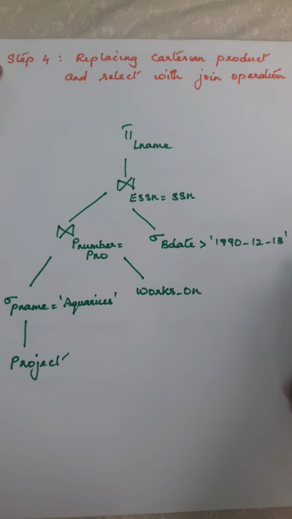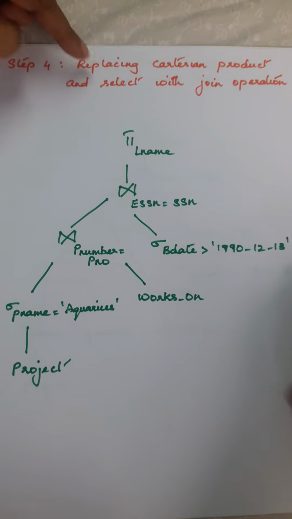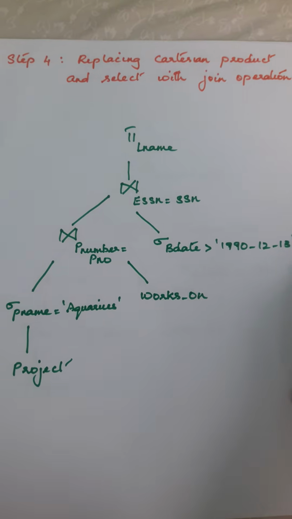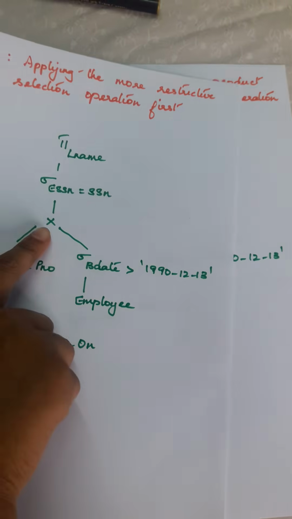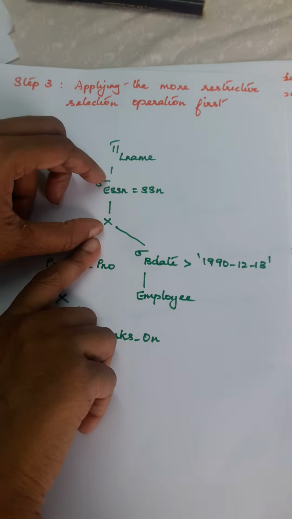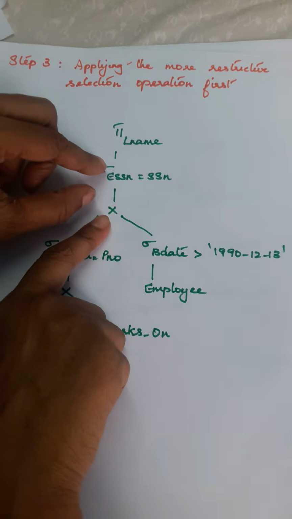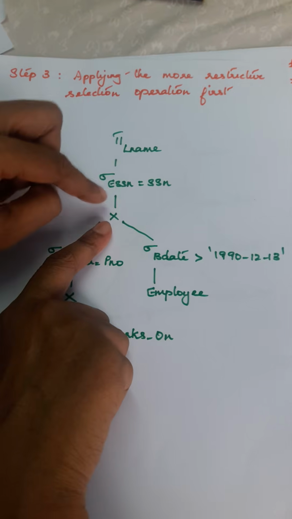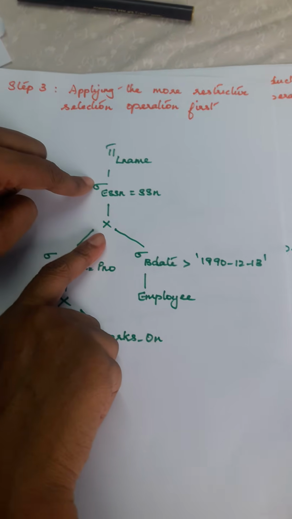Next is step 4. Step 4 is replacing Cartesian product and select with join operation. As I have said earlier, you can see the sigma ESSN is equal to SSN combined with this Cartesian product will give you a join operation. So this is basically a join. When we apply an equijoin condition or equality condition to a Cartesian product, we will get a join operation.